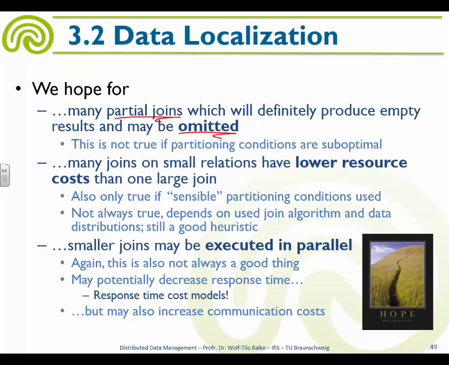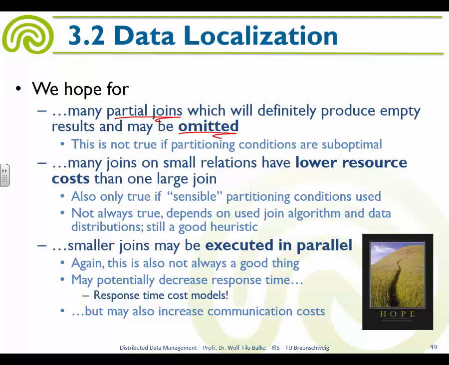The data resides in one node and the other data resides in another node, then I either have to ship the data from here to there, or I ship the data from there to here, or I have a third node doing lookups on either node, which is even worse, right? So everything that can be omitted is usually a good idea.